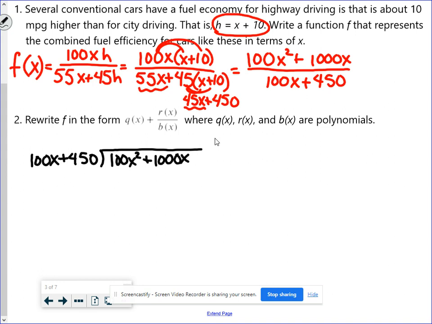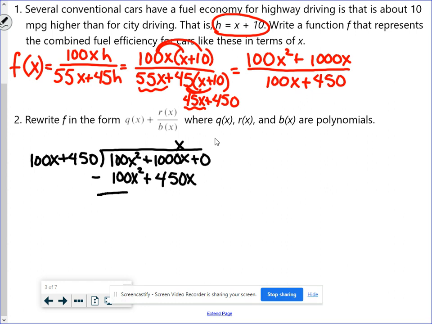So my first question would just be, how many times, and I should probably have a plus 0 at the end here, so I've got a linear term. What do I have to multiply 100x times to get to 100x squared? Well, I would only have to multiply by x. So x times all of this would be 100x squared plus 450x.